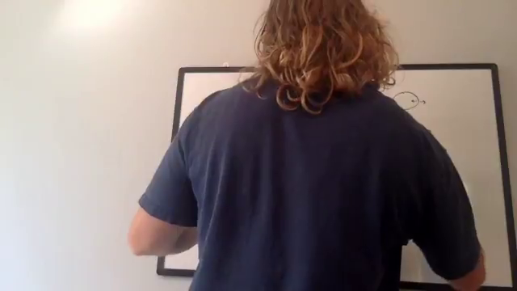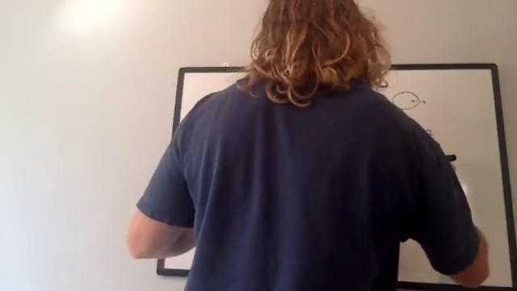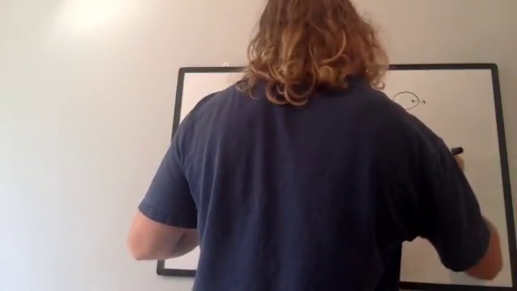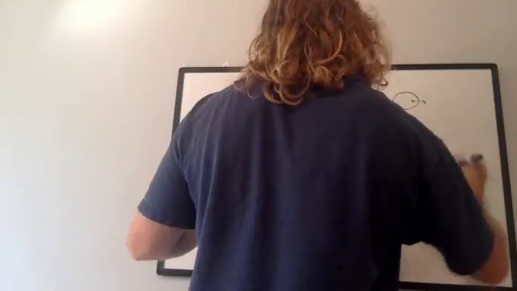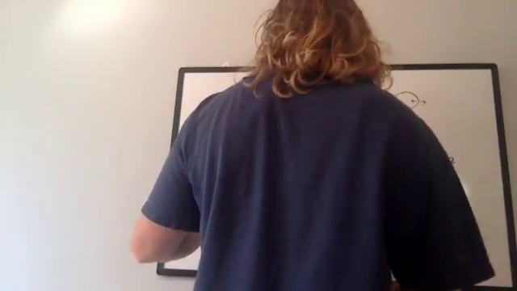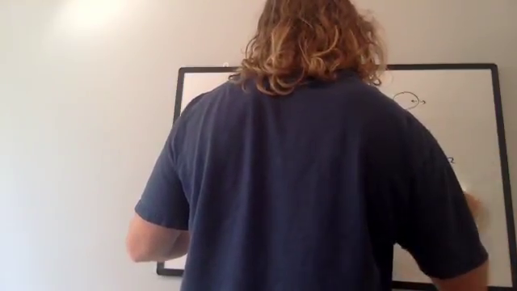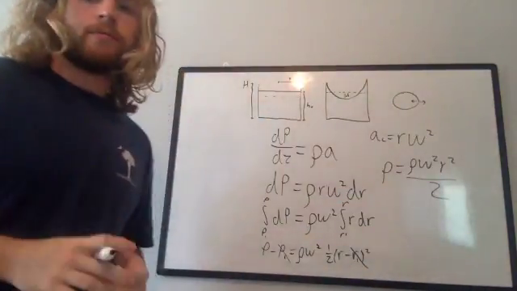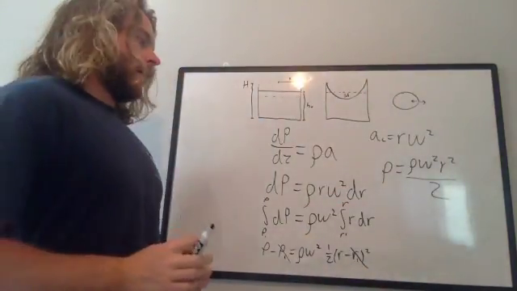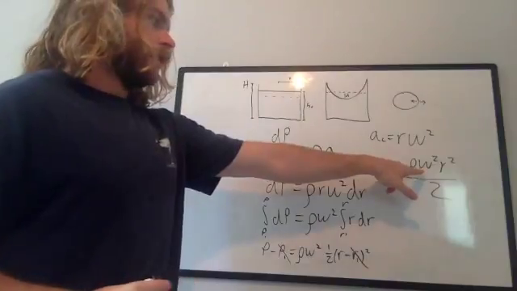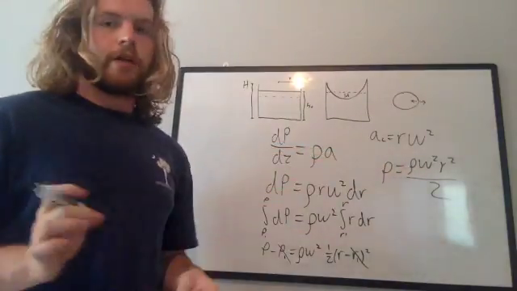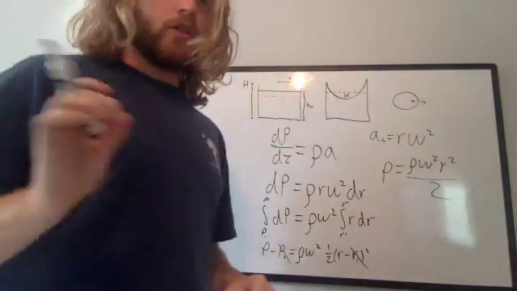And pretty much what we can do now is we can say that P is equal to rho W squared R squared over 2, like so. And we know that our pressure here is going to be equal to rho GH, right?